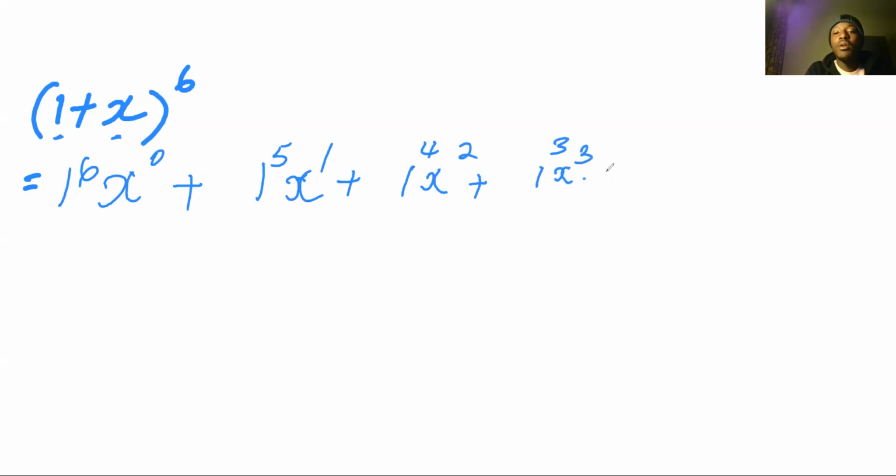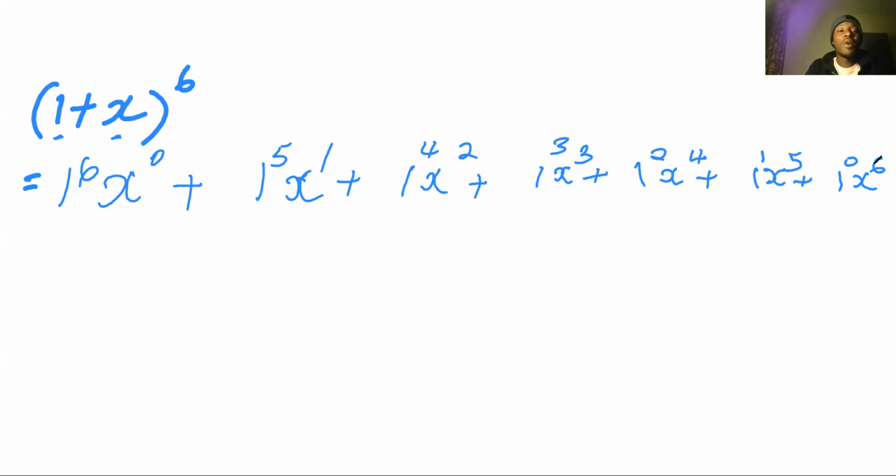Then 1 to power 2 x to power 4. Then 1 to power 1 x to power 5. And finally, we'll have 1 to power 0 x to power 6.